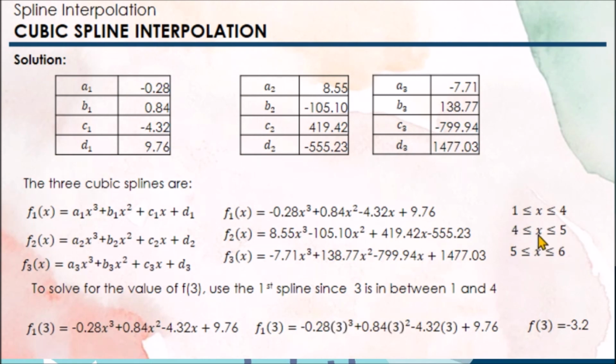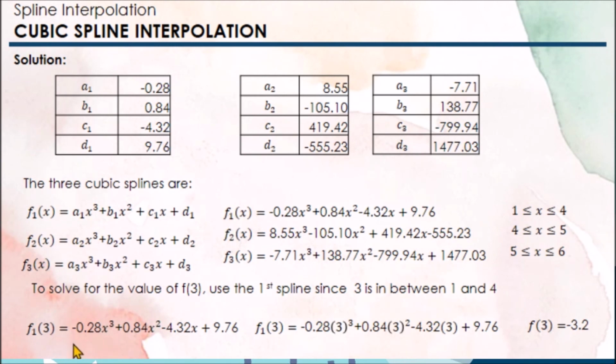No, so this one is not included. And for f sub 3 of x, is our 3 greater than 5? No. So, we'll be using this f sub 1 of x, since 3 is in between 1 and 4. So, for f sub 1 of 3, we will use this one.